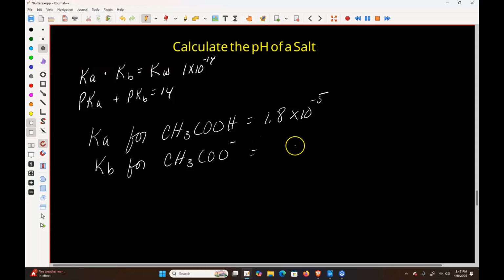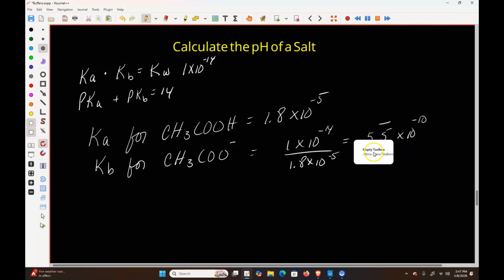Well, it's going to be 1 times 10 to the negative 14 divided by 1.8 times 10 to the negative 5. So it's 5.5 repeating times 10 to the negative 10. This is the Kb for the acetate ion.